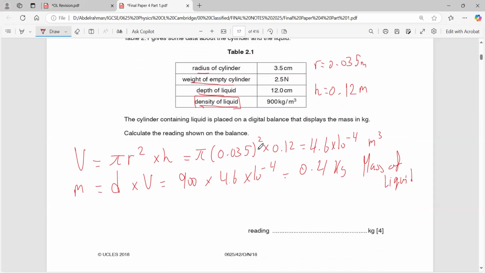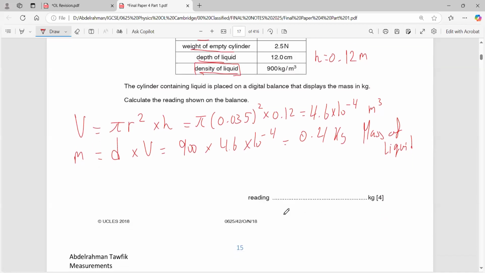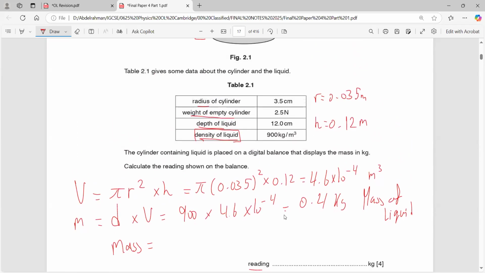Can I find the total mass? He wants me to find the reading on the scale. So the total mass will be 0.4 plus 2.5. Can you add 2.5 directly? No, this is weight.